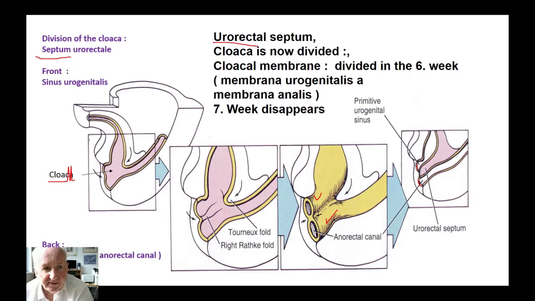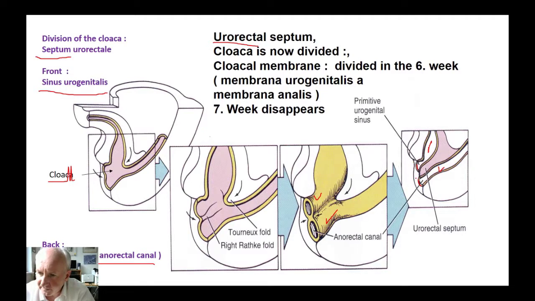Ventrally is sinus urogenitalis, here, and dorsally canalis anorectalis, the anorectal channel. This is this anorectal channel. So you see the cloaca has definitely vanished, and we have now two new parts here, sinus urogenitalis and canalis analis or anorectal canal.